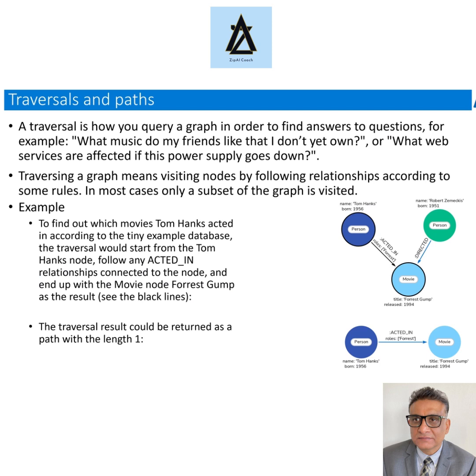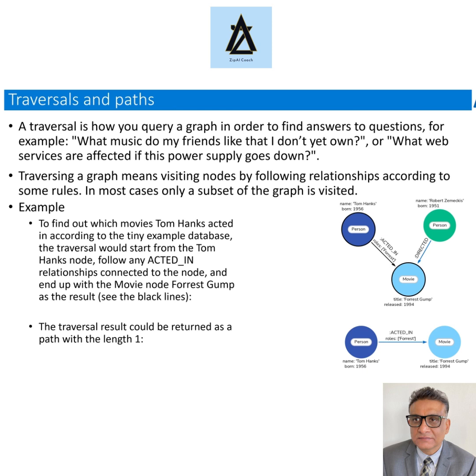Now once you have this graph structure, you basically have traversals and paths. Traversal is how you query a graph to find some answers, and it allows you to move from an entity to another entity via the relationship.